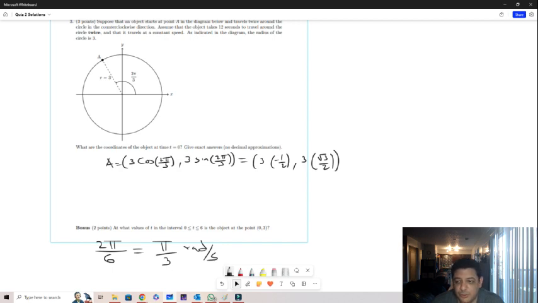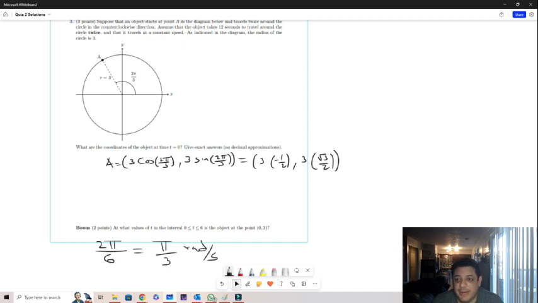So if you do 5 seconds, at 5 seconds it will be where? It starts at 2 pi over 3, so 5 seconds more, moving pi over 3 per second, means that it's going to be at 7 pi over 3. But 7 pi over 3, what is it? 7 pi over 3 is just 6 pi over 3, which is 2 pi, right?